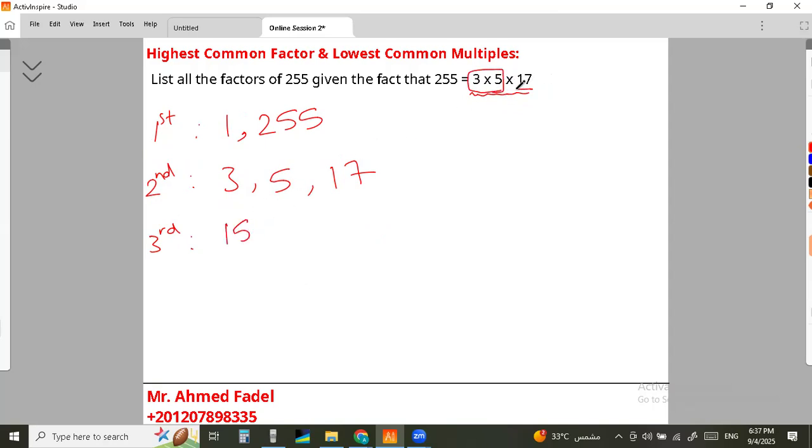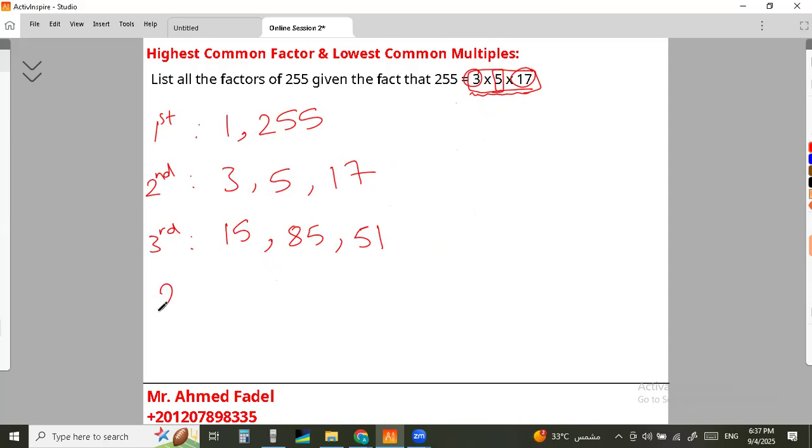And you take the 5 and the 17 together, 5 times 17, that's 85. And you take the 17 with the 3 together, 3 times 17, which is 51. So now we took the 3 and the 5, the 3 and the 17, and the 5 and the 17. That's it.